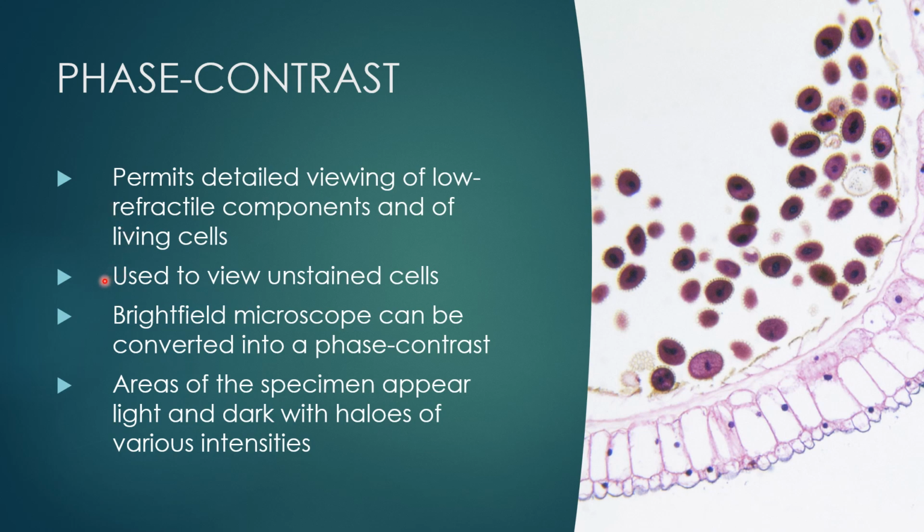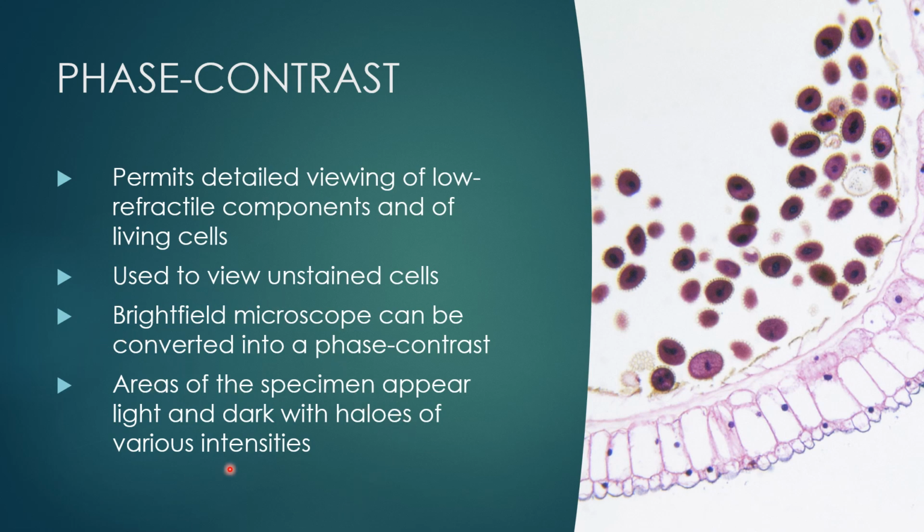But in phase contrast, it permits detailed viewing of low refractile components and of your living cells. Again, this one is used for unstained samples. Please note that a bright field microscope can be converted into a phase contrast microscope by using annular rings in the condenser and objective lens.